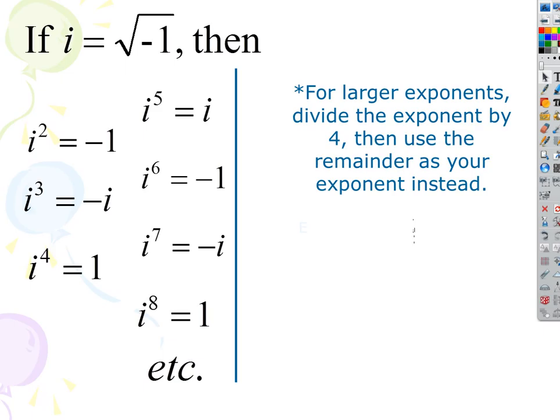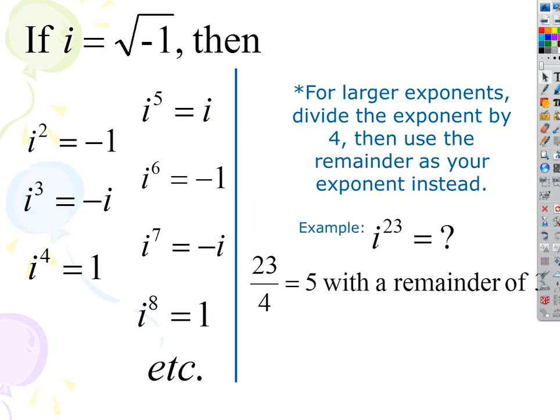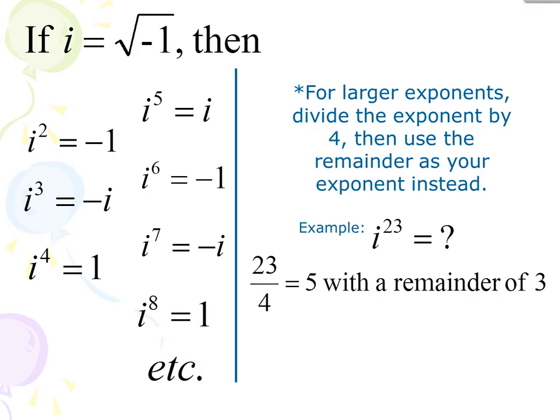Okay. Three's the remainder, so what's i cubed? That's it, right? Okay, I think people are starting to get this. So we know that 4 goes into 23 5 times, which we don't care about, with the remainder of 3 that we do care about. So therefore, it's going to be the same thing as i cubed, which is negative i.